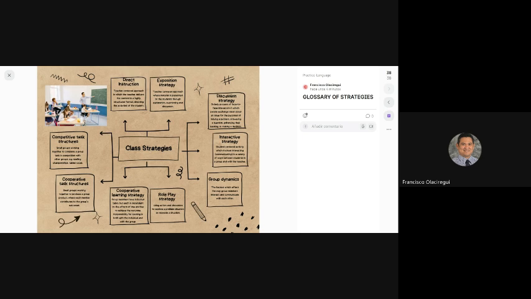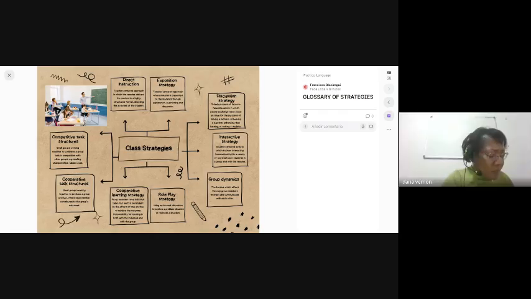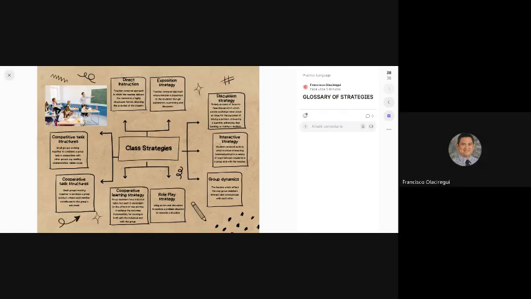So then we have the cooperative learning strategy, in which the group members have individual tasks, but each is dependent on the efforts of one another to achieve the outcome. So this is a very intrapersonal strategy. Responsibility for learning is both with the individual and with the group.